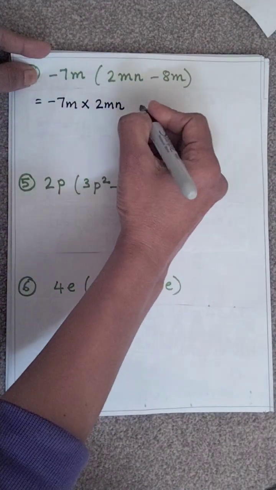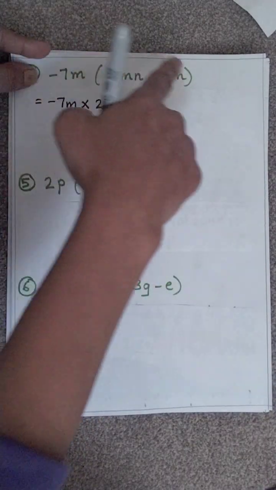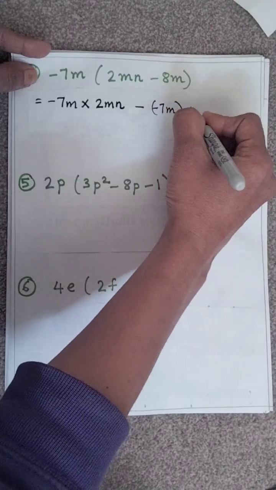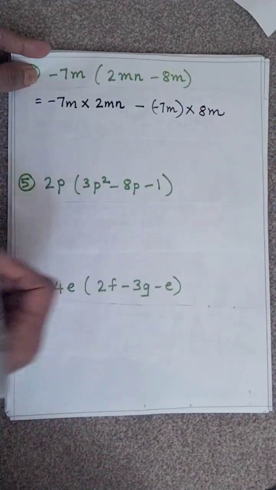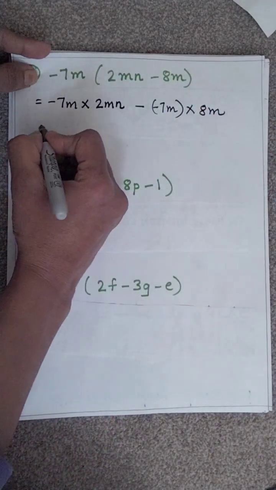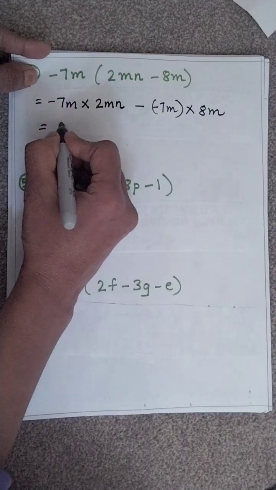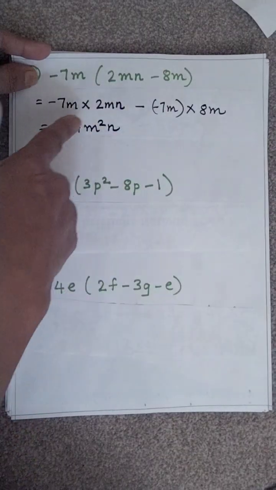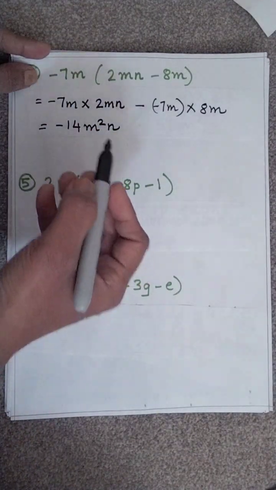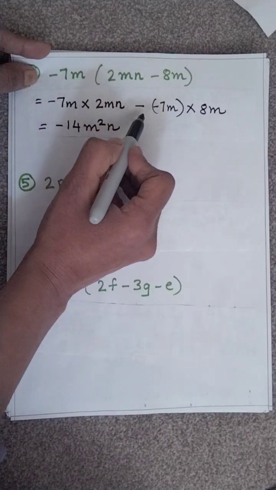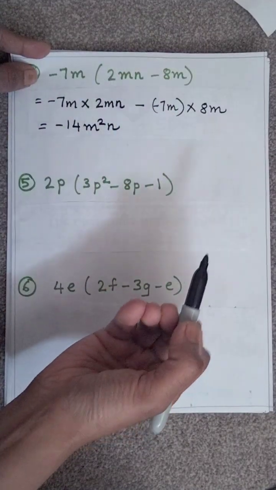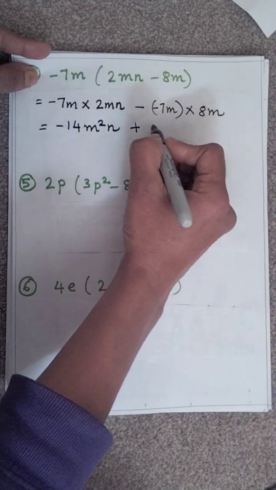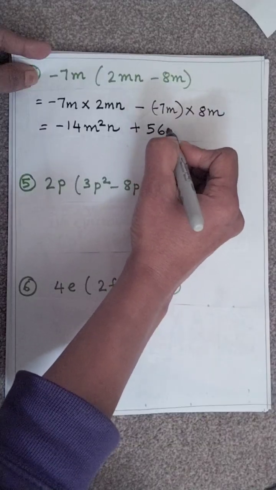Now put minus sign, minus 7m times 8m, is equal to minus 7 times 2 is minus 14 m square n. Now we have put minus sign here, minus 7m times 8m. So minus and minus becomes plus. 7 times 8 is 56 m square.